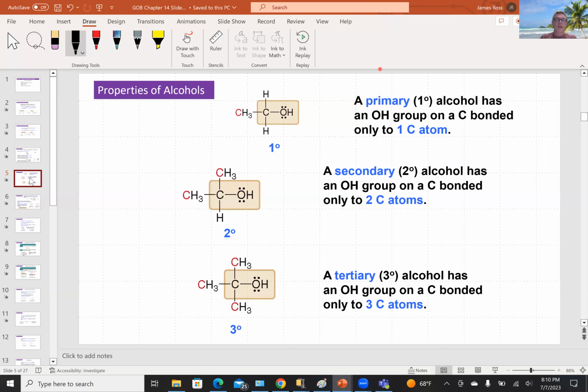Okay, so now we've introduced alcohols. Let's get in the weeds a bit. There are flavors of alcohol. There are 3 flavors. There's primary, secondary, and tertiary. We represent primary alcohols as a 1 degree. We represent secondary as a 2 degree, and tertiary as a 3 degree.